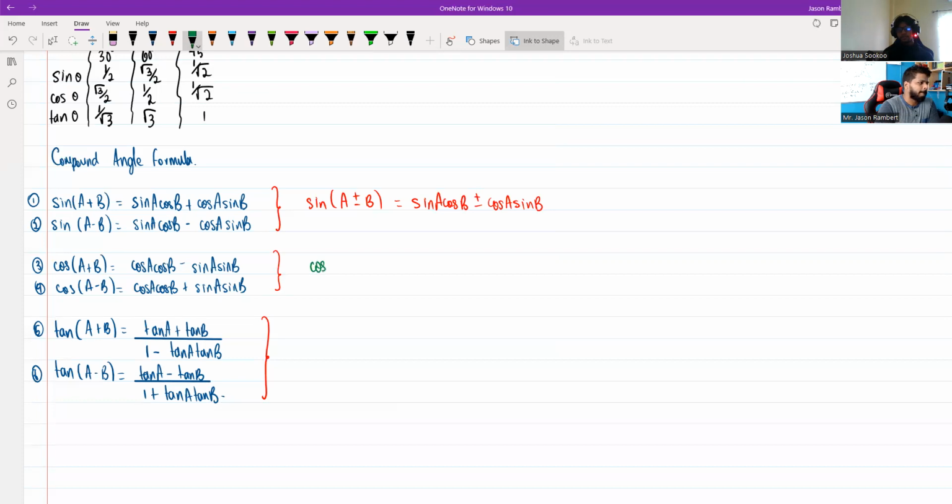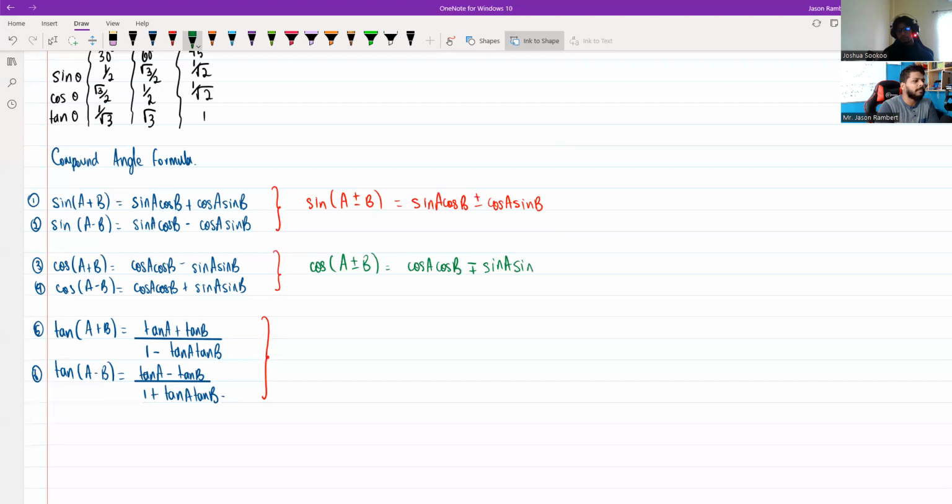You said prove these? Not yet. Cosine of A plus or minus B is cosine A cosine B. The plus corresponds to a minus in my identity, and the minus corresponds to the plus in my identity.